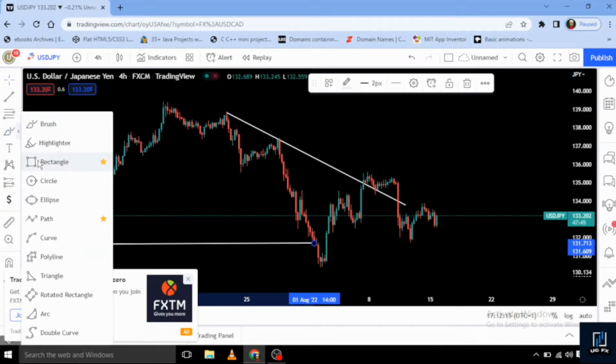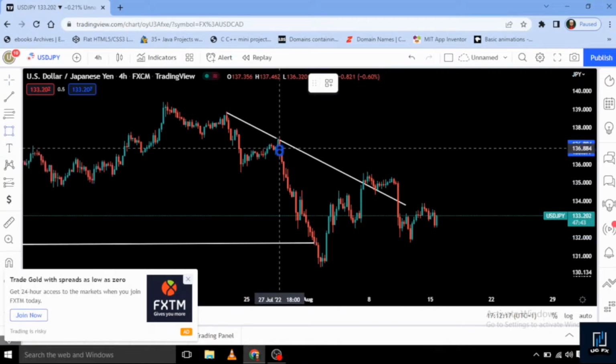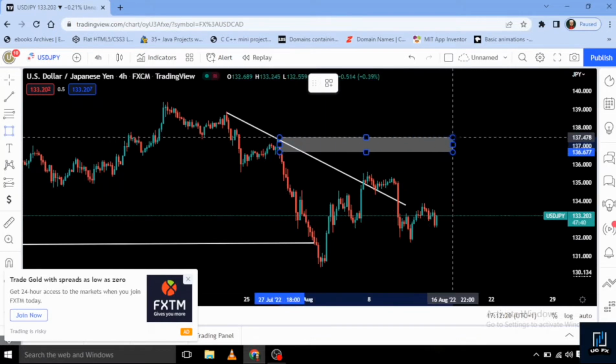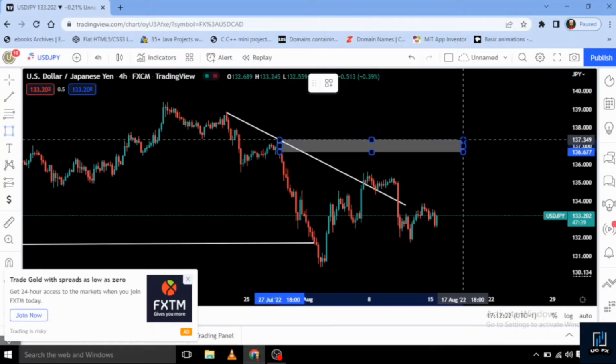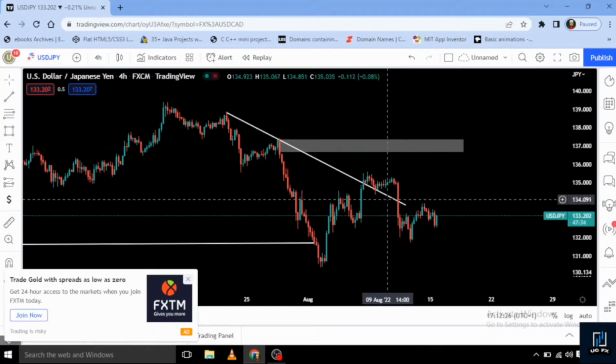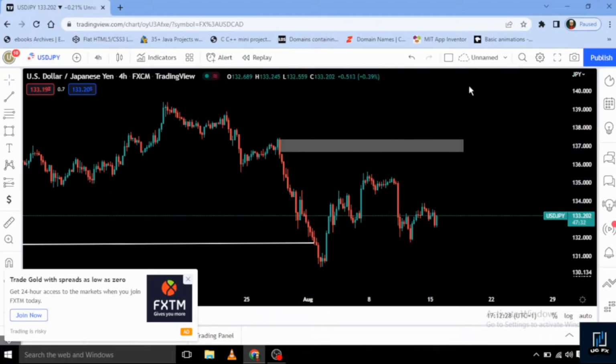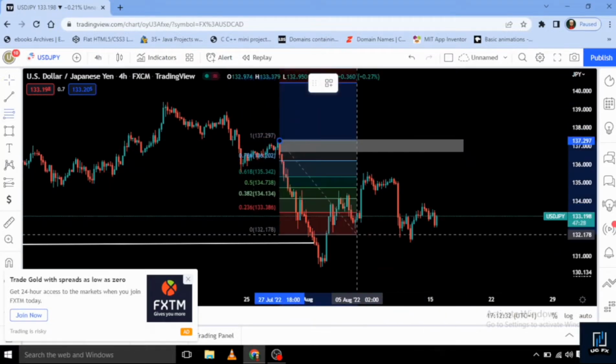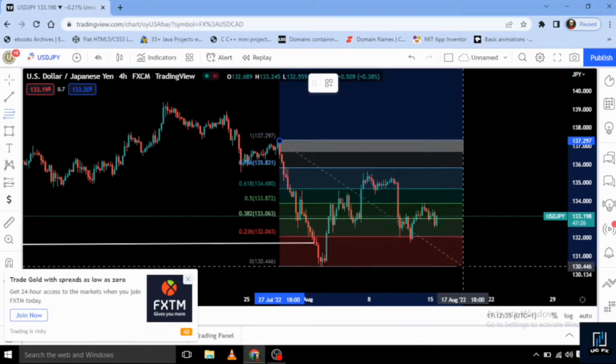So marking out the order block, we still treat the same stuff just like I explained in the previous video. So let's take out this trend line. Looking at this order block, you take your Fibonacci and check where the price is at.